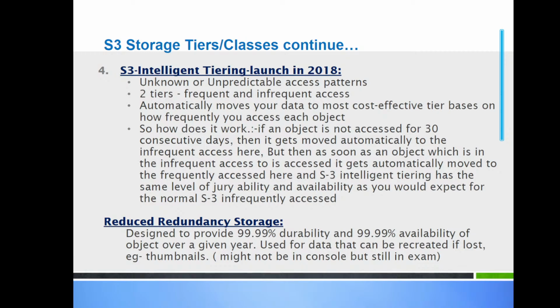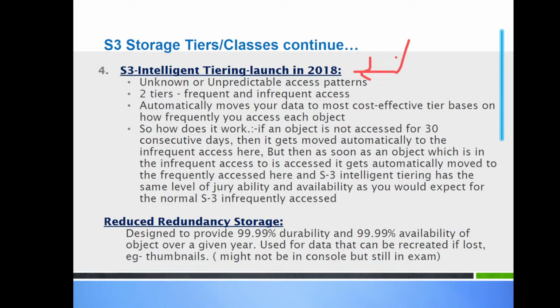And if you are using that file continuously, it will move to frequent access or S3 Standard. So basically, if you're not accessing a file stored in S3 Standard for a certain period of time, it will be automatically moved to the lower classes to save money.